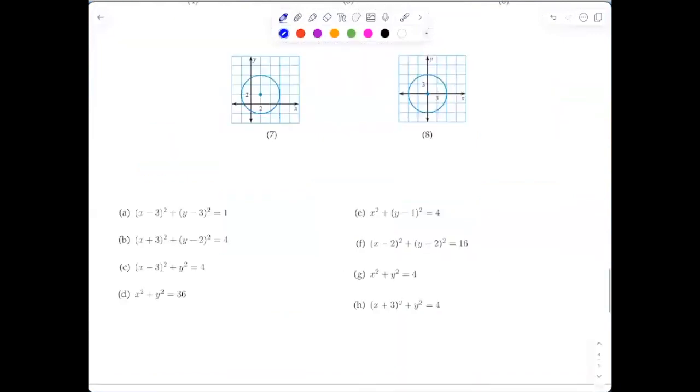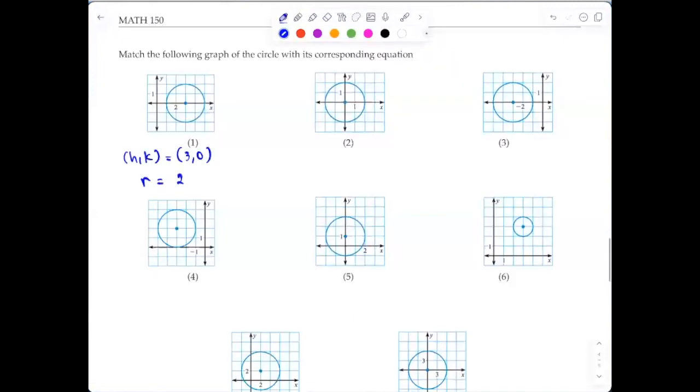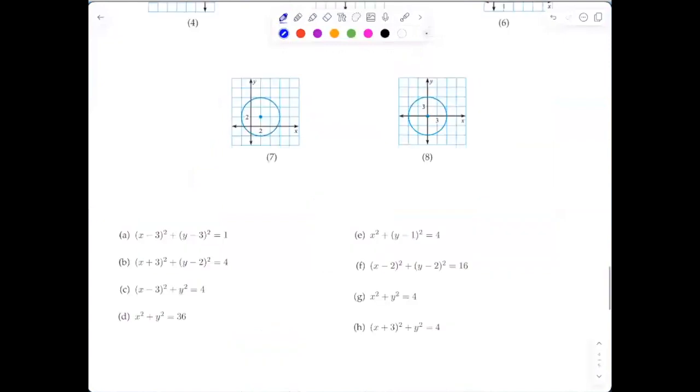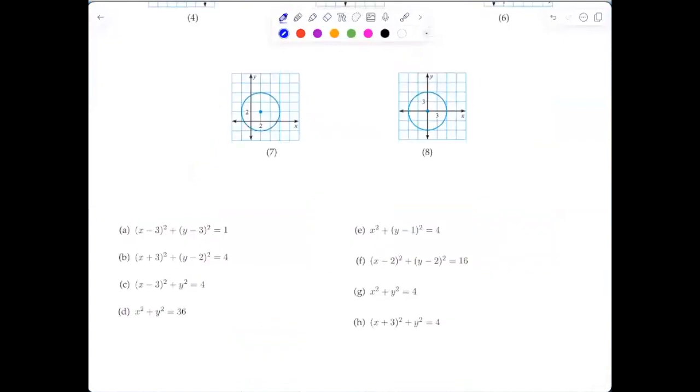And you're looking for the equation of a circle with center 3, 0 and radius R equal to 2. So technically what you're looking for is an equation of the form x minus 3 squared plus y squared equal to 4. So what is that choice? What is the choice here? So C is the choice, yes?